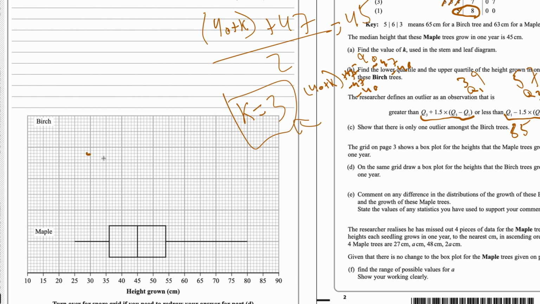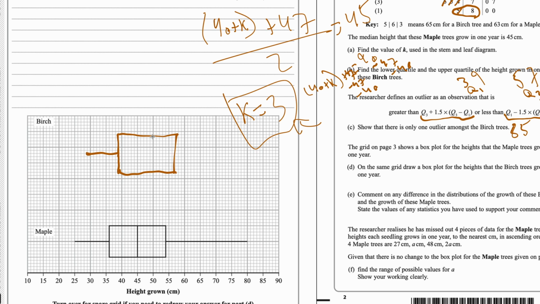And then we keep on going till we reach Q1, which we know is 39. So till we reach here. And now we start our box. So we open it, right? And we search for our Q3, which is 57. And we keep on drawing until we reach 57, right? And then we close it.